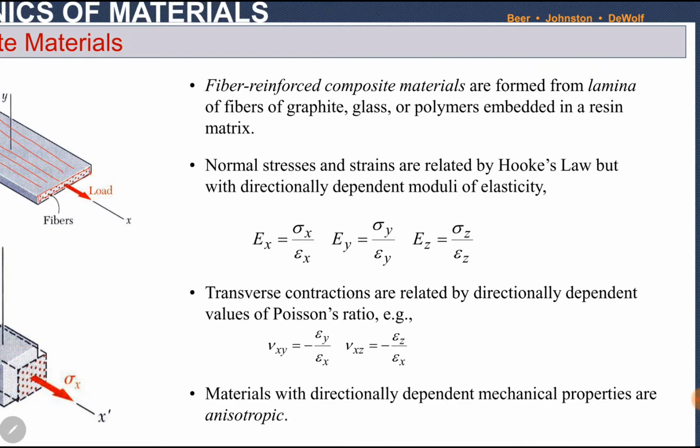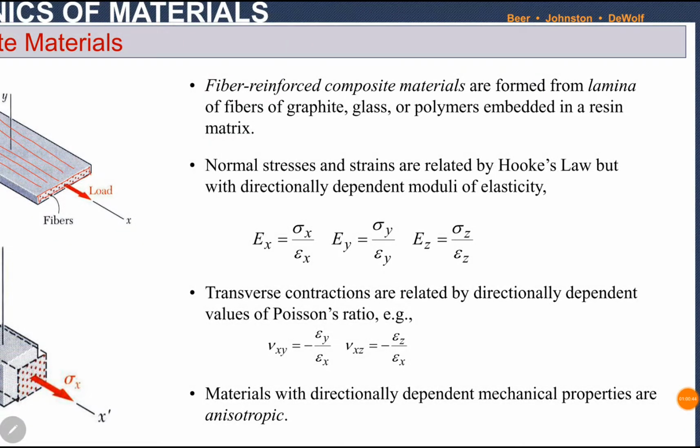The steel rods are fibers and they are embedded into a ceramic matrix of concrete. Normal stresses and strains are related by Hooke's law, but with directionally dependent moduli of elasticity. Hooke's law is applicable to composite materials in the elastic region, but the properties of composite materials are different in different directions. They may sometimes be the same in some of the directions.